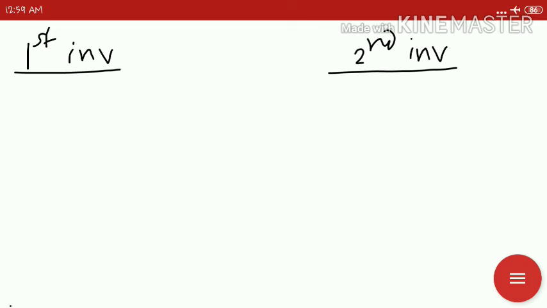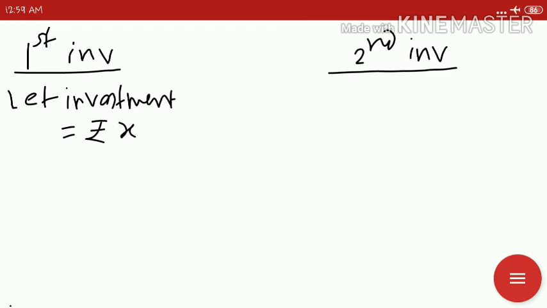So let the investment be rupees X, and here the investment will be the rest of it. That means the total was rupees 20304.